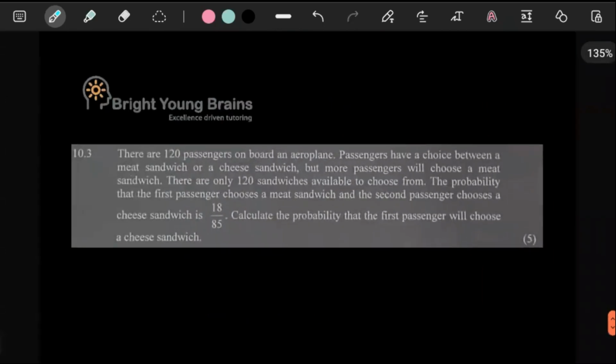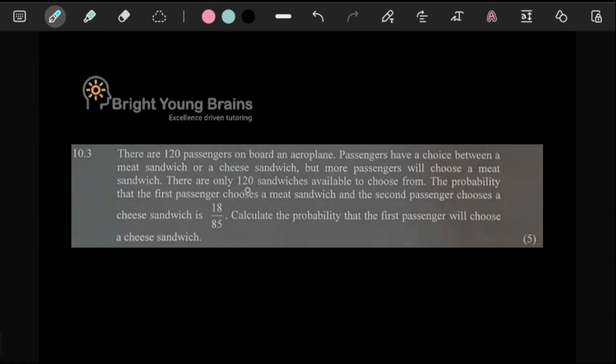A 5-mark question here says there are 120 passengers on board an airplane. Passengers have a choice between a meat sandwich or cheese sandwich. But more passengers will choose a meat sandwich. Okay.